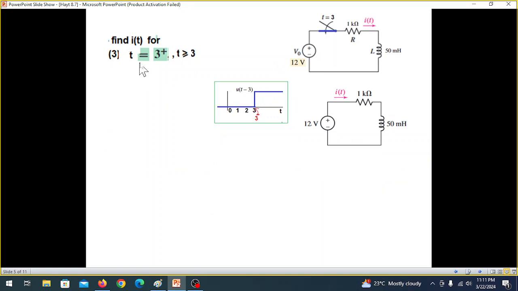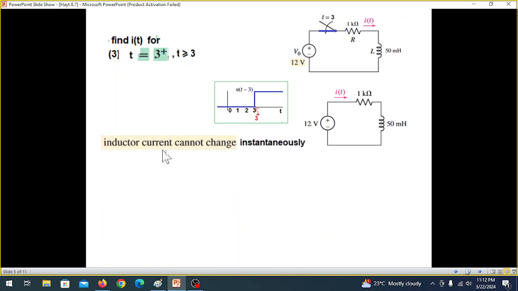The next part is to find i at 3 plus. Now that means we are slightly ahead of this. This point we have to keep in mind: within this region, that is t minus 0 or t plus 0 or t minus 3 or t plus 3, the current through the inductor does not change instantaneously.